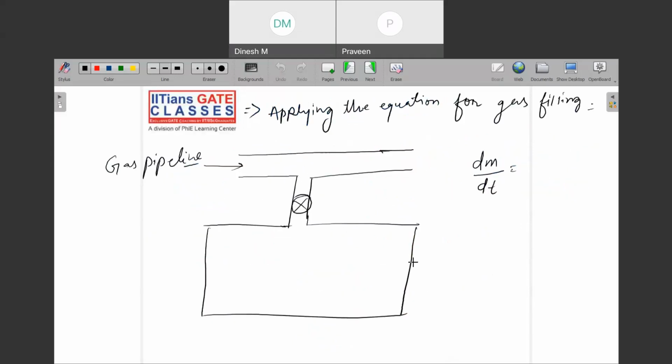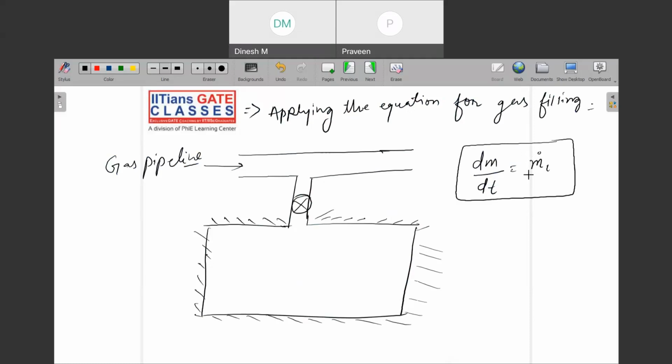So if this is the chamber and no mass is allowed to go outside, then the mass change rate will be the entering mass only. Why? Because m dot outlet is directly zero now, because there is no mass which is allowed to go outside of this system.